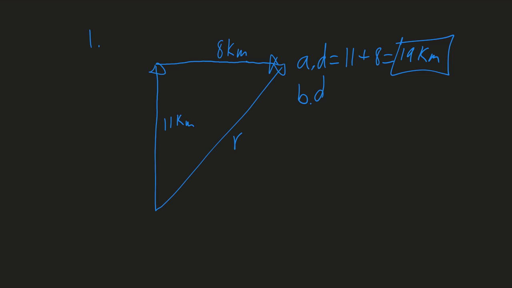So displacement is equal to the square root of 11 squared plus 8 squared. And should get us 13.6 kilometers.